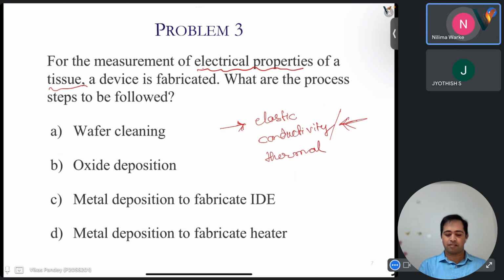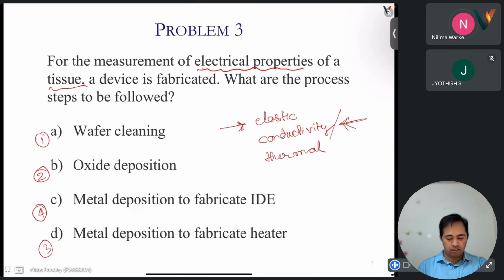Wafer cleaning first, then oxide deposition, then first metal fabrication to fabricate the heater, and then the IDE. Yes, the sequence is right.